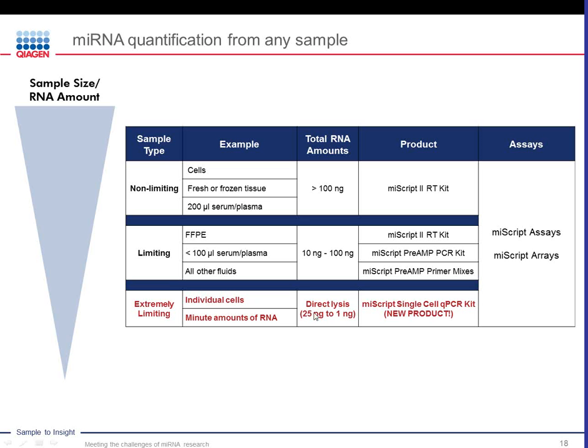So ultimately, when you're working with individual cells, you will use a direct lysis method. But you can also use the single cell approach when you have very small, extremely limiting amounts of total RNA. So you would synthesize cDNA, perform preamplification, and then perform your assays and arrays.